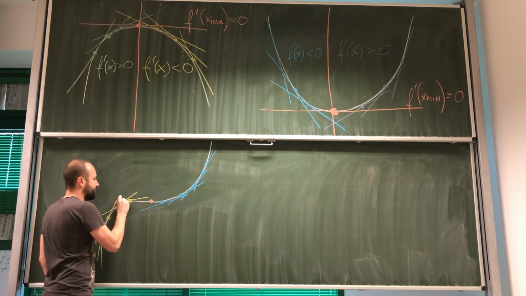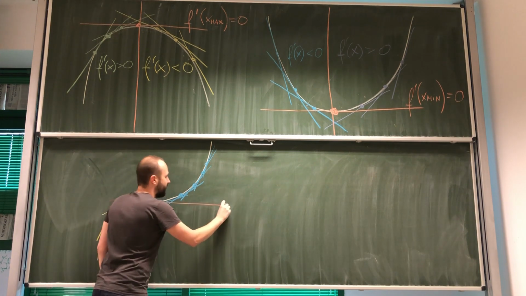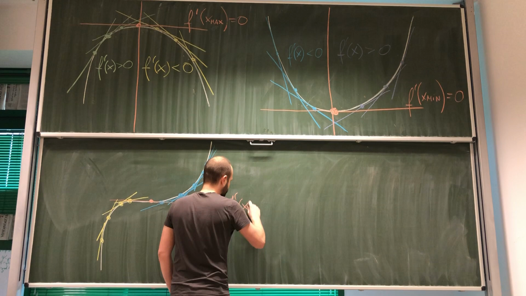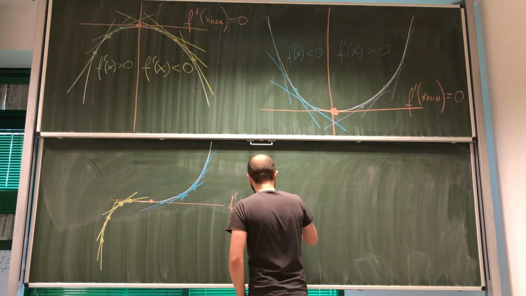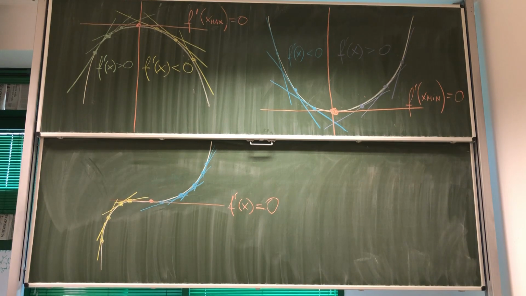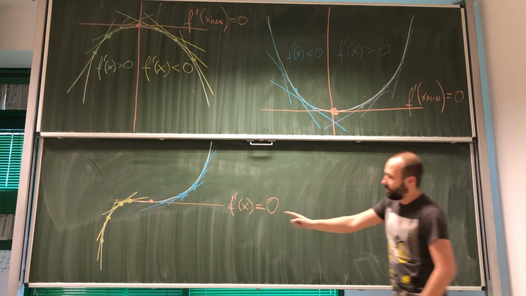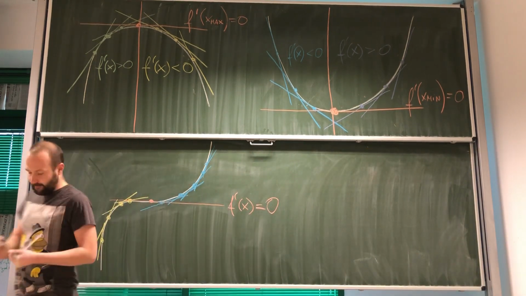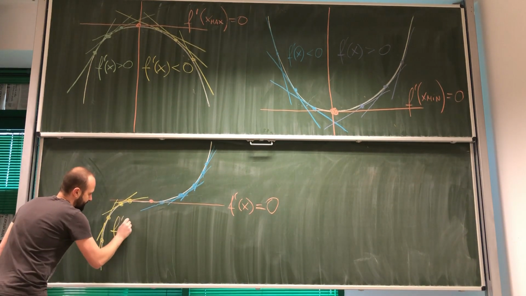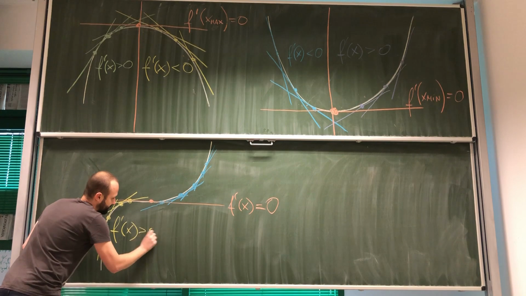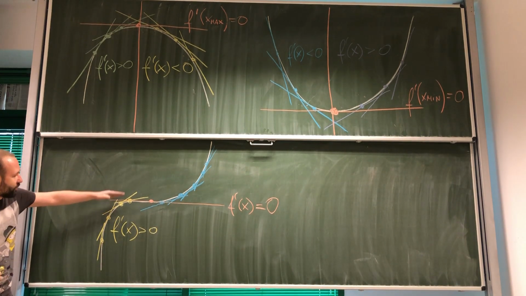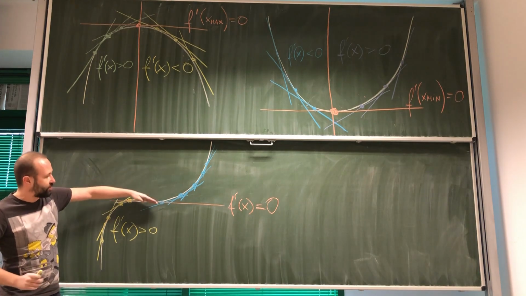Actually, it turns out that over here, the value of the derivative is also equal to 0. But look, what is the difference? Look, here, the value of the derivative is positive, but it's getting smaller and smaller and closer and closer to 0.